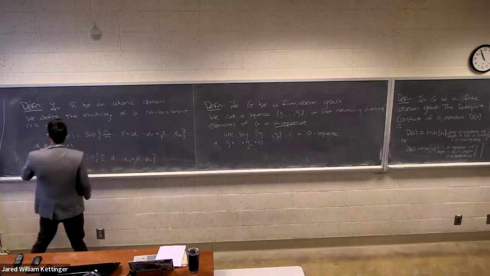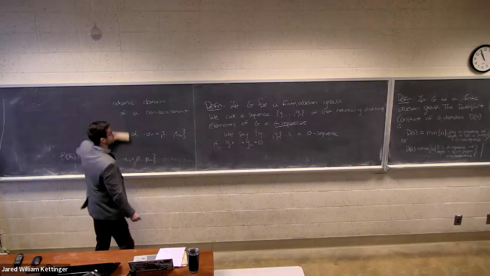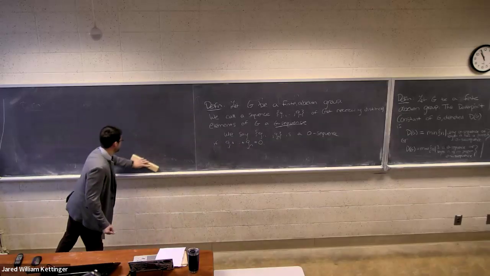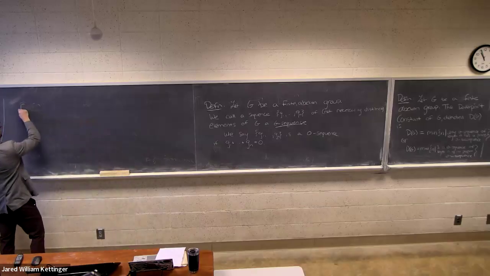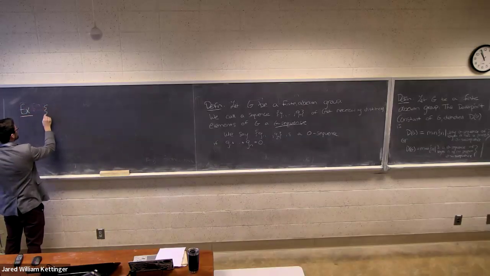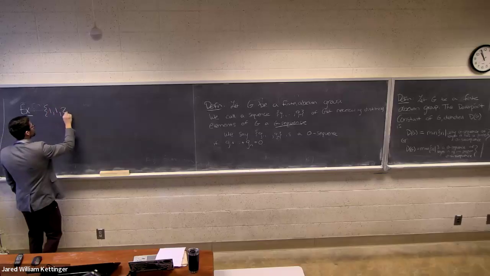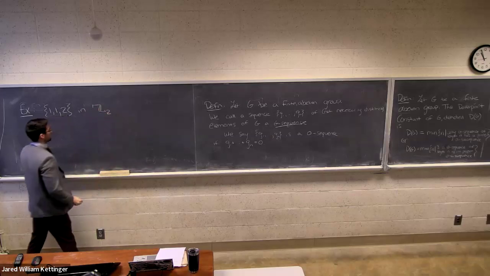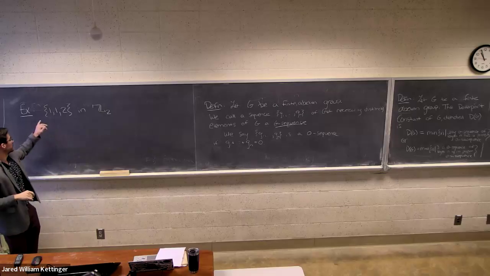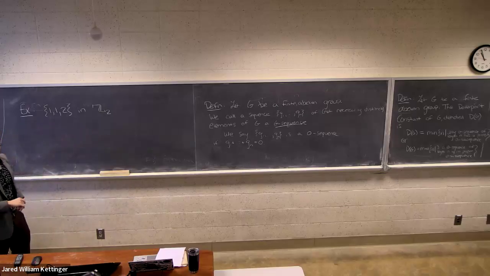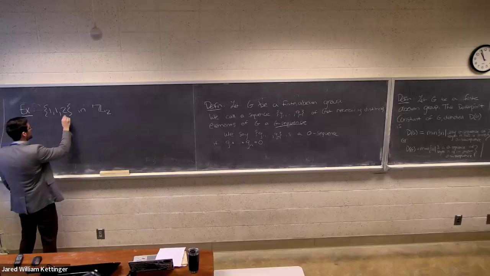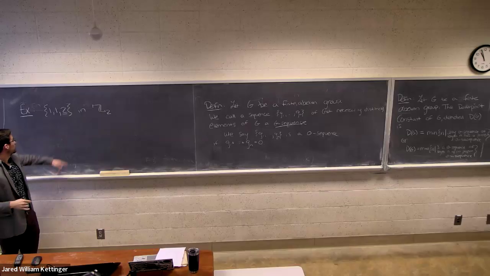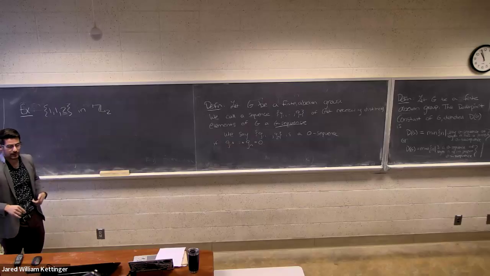So let's look at some examples. This is an example of a G sequence, in particular a zero sequence, in Z2. If I add these up, I get 0 in Z2. But this also has a proper zero subsequence, because we have 0 essentially in here, right?